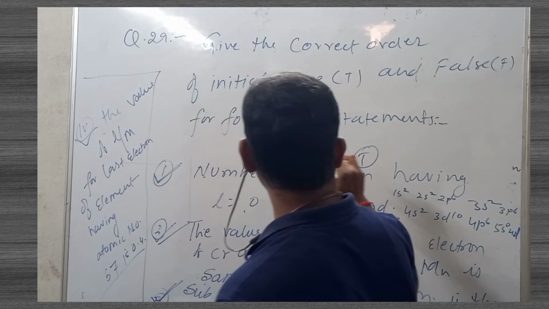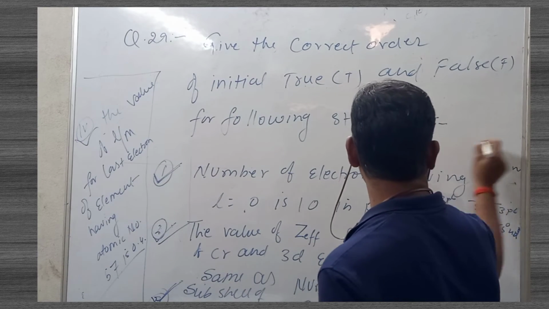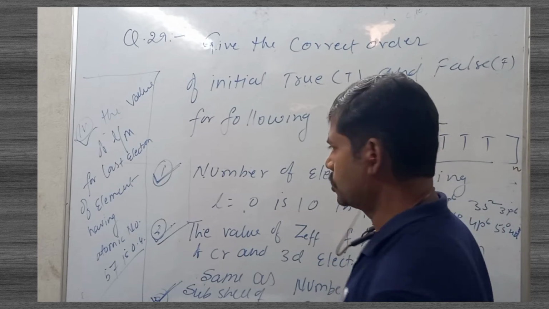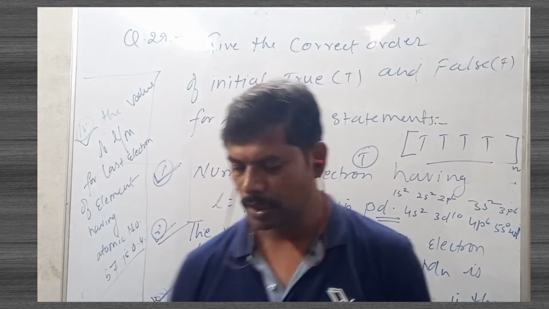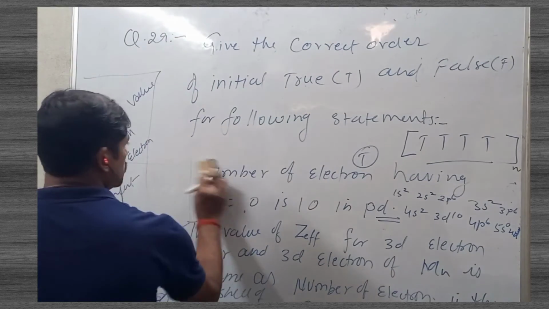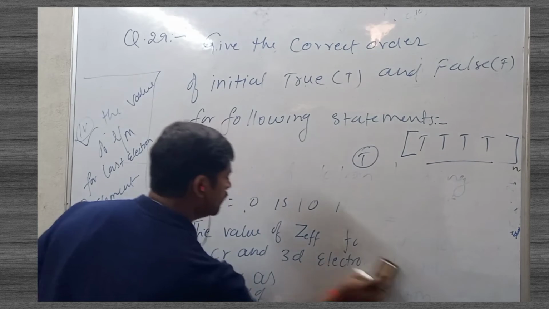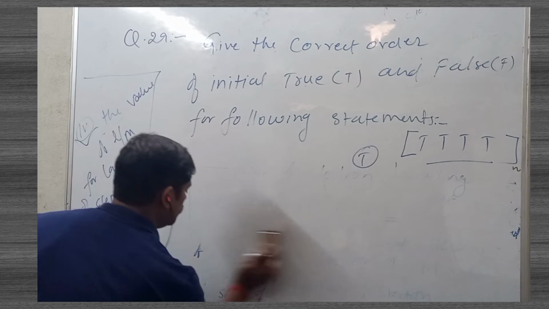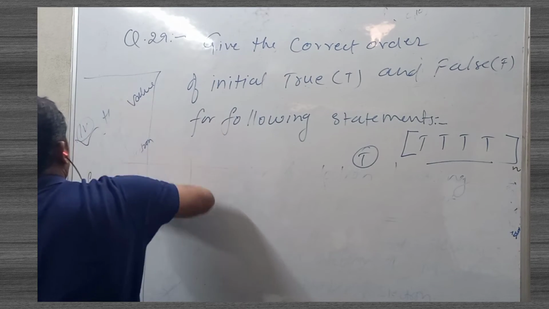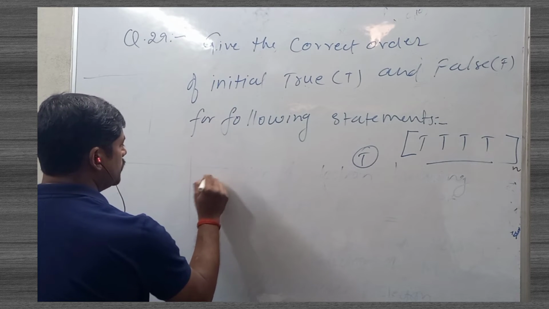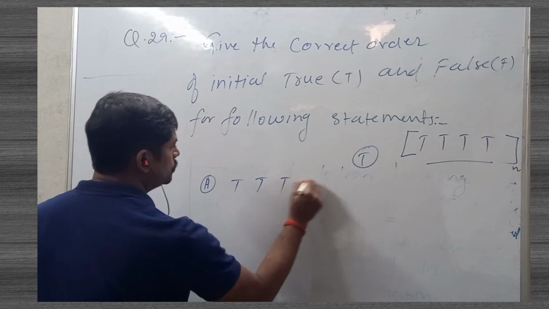It means that if I see the correct option of this, it is true, true, true and true. So when we match with this, what is the option given for this 4? Let us check that. According to the question, option A is given true, true, true, true.